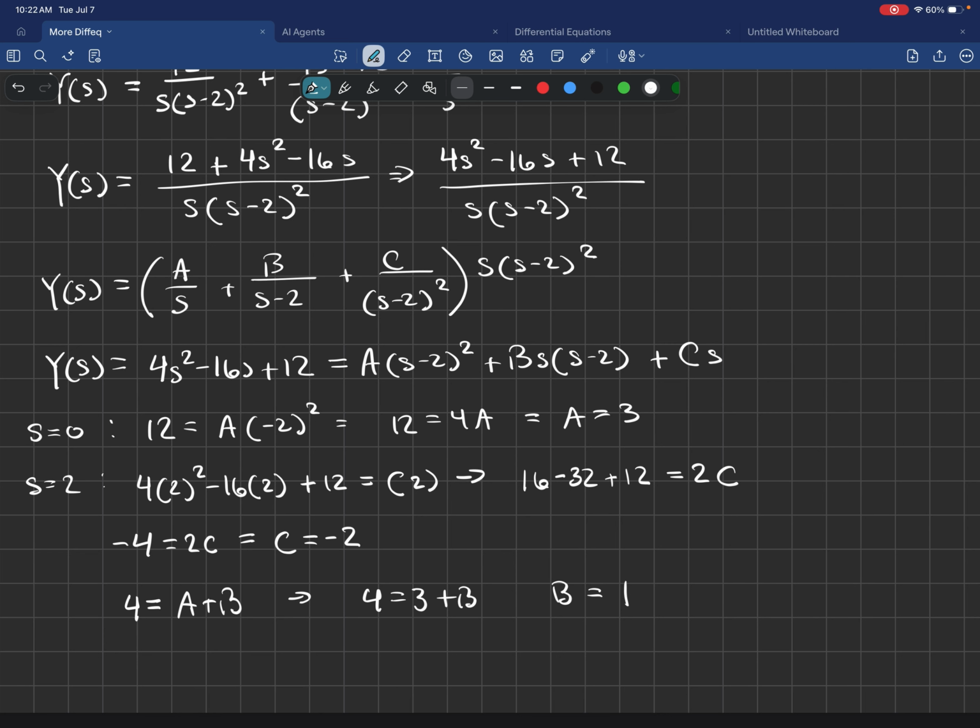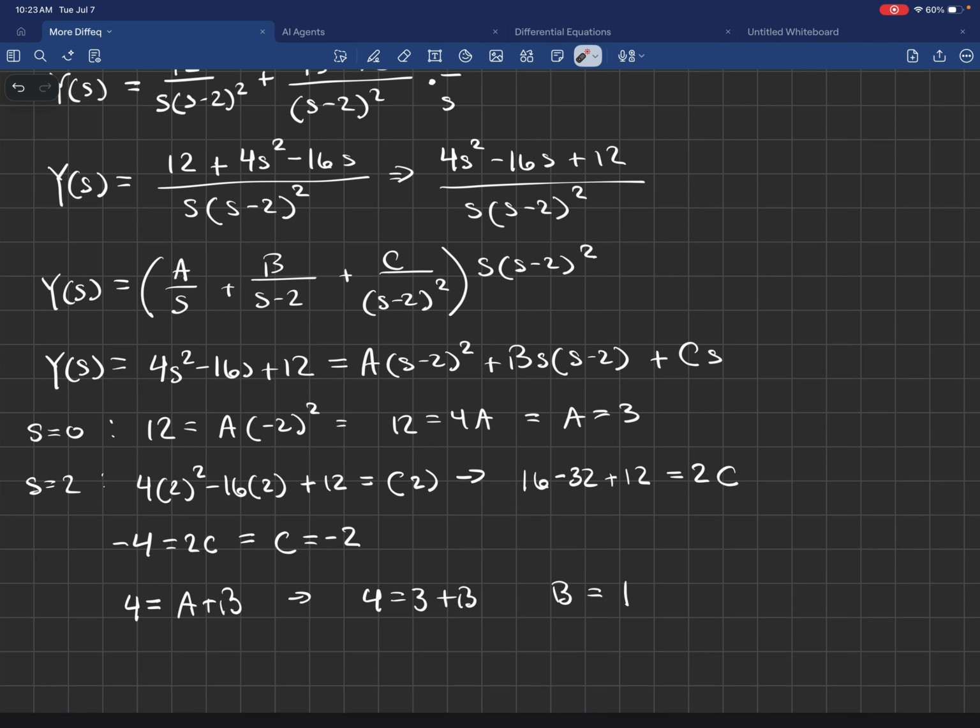Now, again, I wanted to reiterate that in this equation we have our 4s squared, and over here, the coefficient that's outside here is just the b and just the a. So we're literally setting 4 equal to the coefficient.